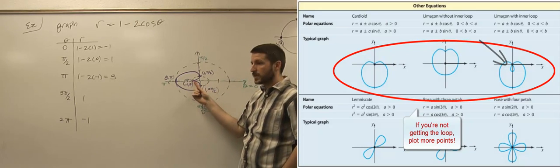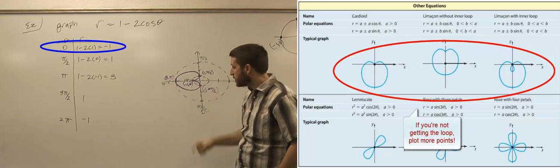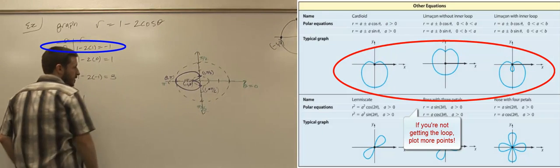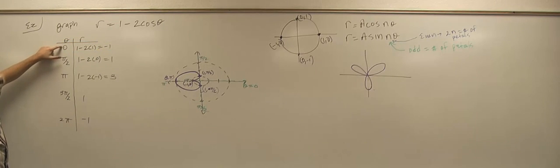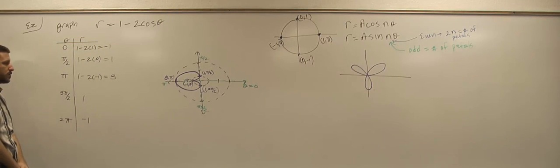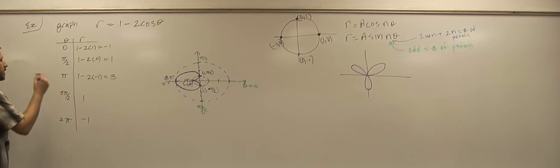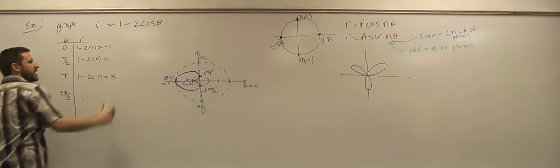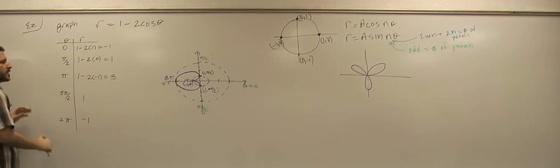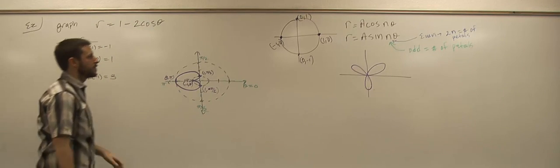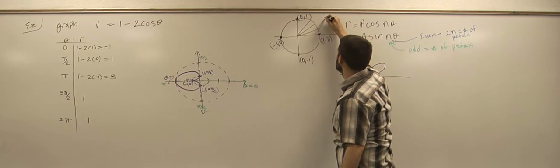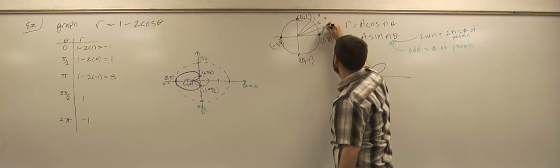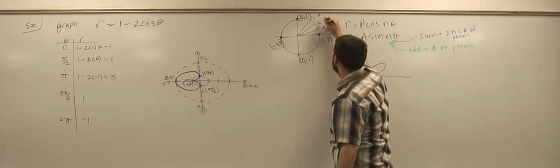Which one was this? This was theta equals 0. So let me try something right after and before 0. What's the point between 0 and pi over 2? Now, I want it to behave nicely in cosine, so give me something that looks nice in cosine.